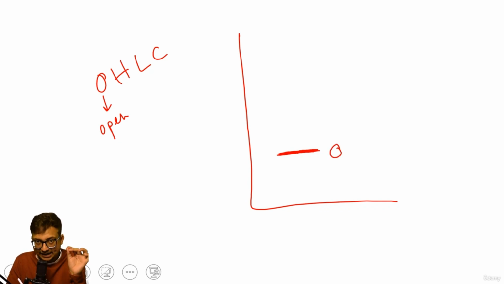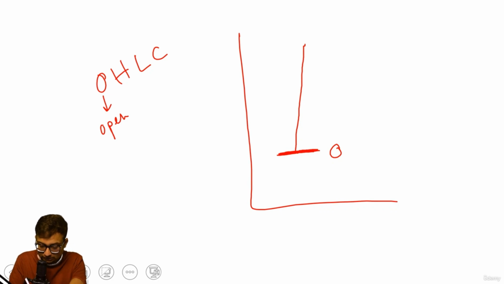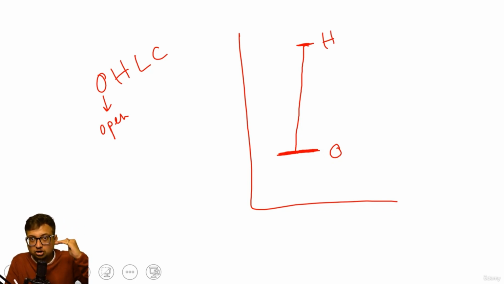In a particular day's time, the stock market has gone up to this particular level. So this is the H, high, the highest point the stock market has achieved in a particular day.